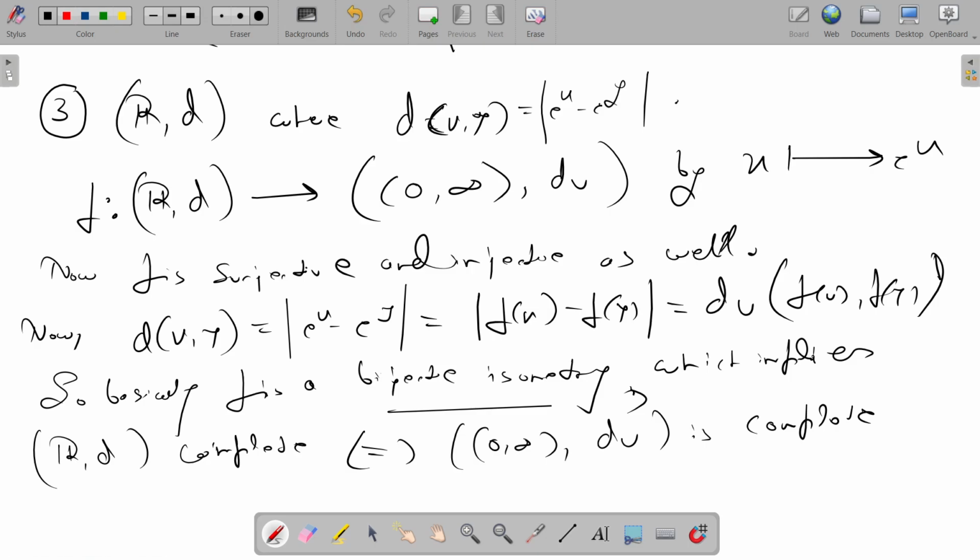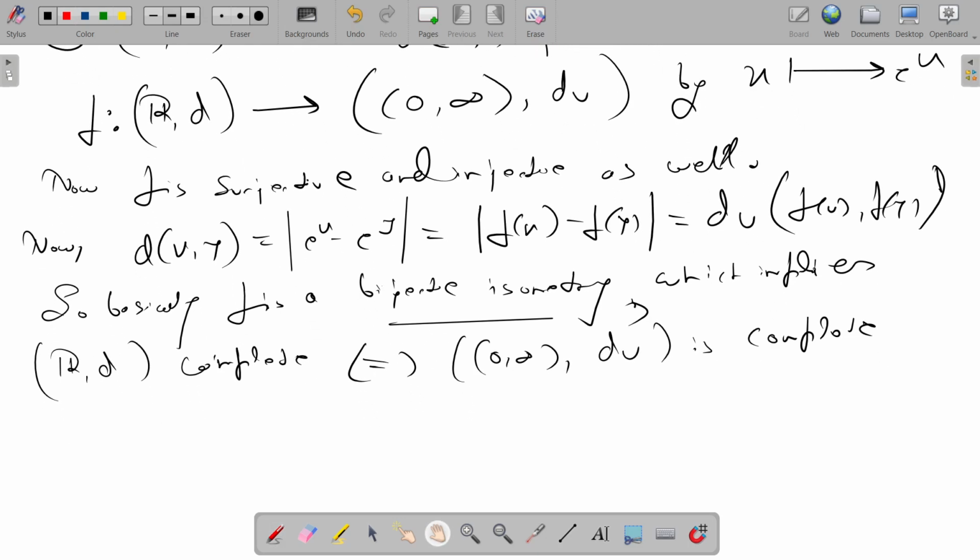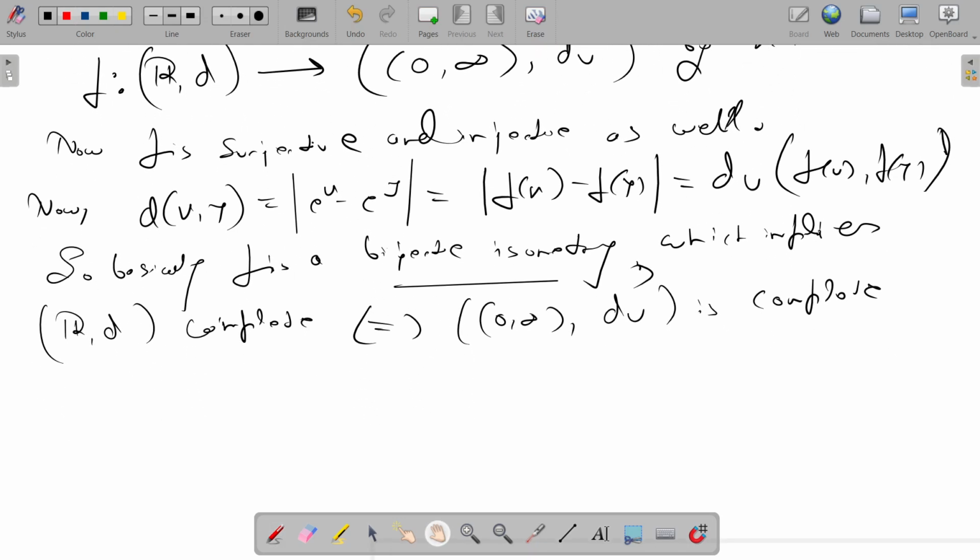Since this is complete, it will converge. Now f is continuous, right? And f is continuous because it's an isometry. By also using this map, we can say that this is complete biconditionally.